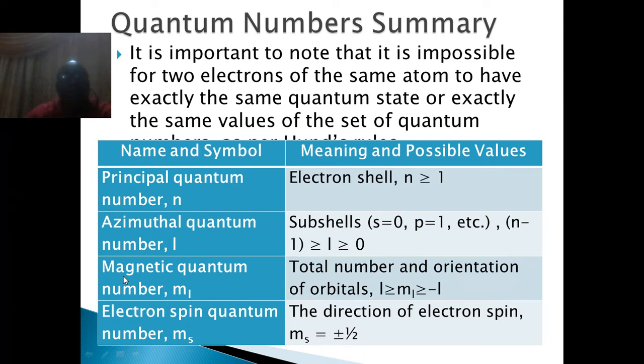Magnetic quantum number, mL. This is the total number and orientation of orbitals, and is given by L greater than or equal to mL greater than or equal to minus L. Then you have the electron spin quantum number, which is the direction of electron spin. And ms is either plus or minus half.